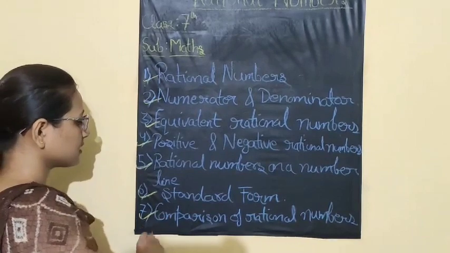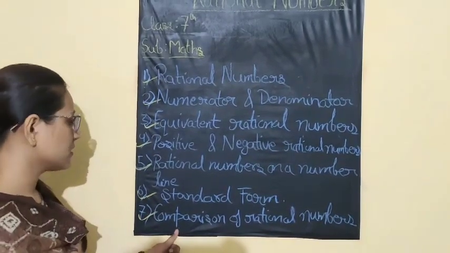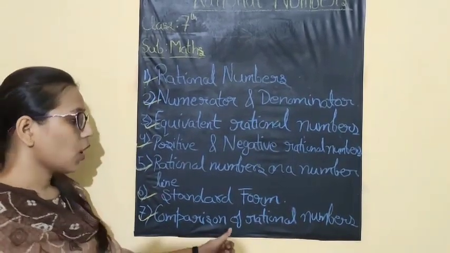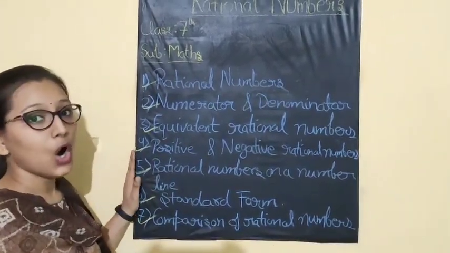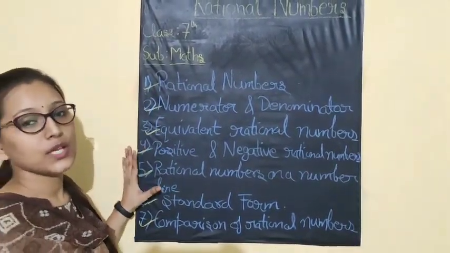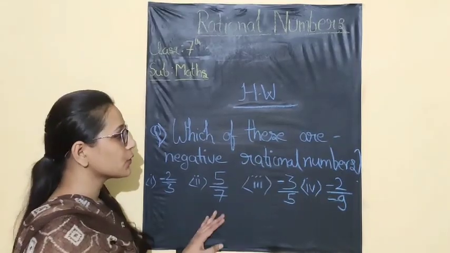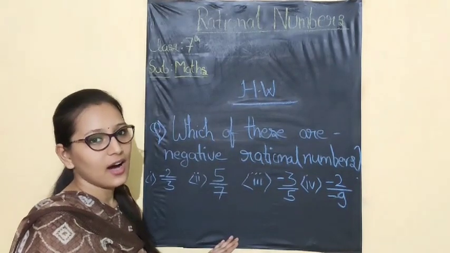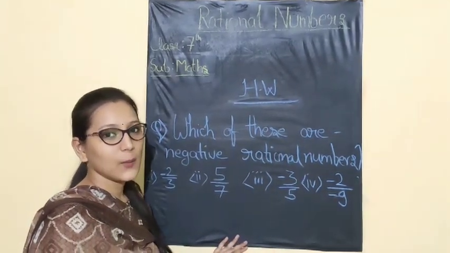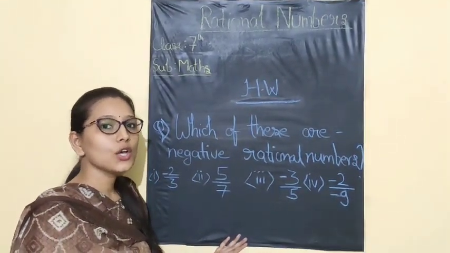And the last thing we have covered today is comparison of rational numbers. So we have done all of these topics in today's class. Students, note down this question: which of these are negative rational numbers, and do it in your notebook.